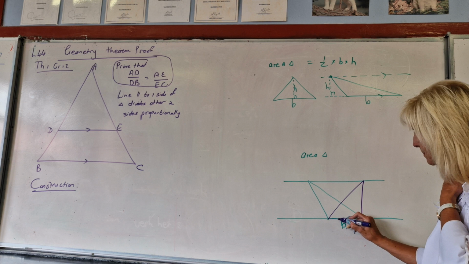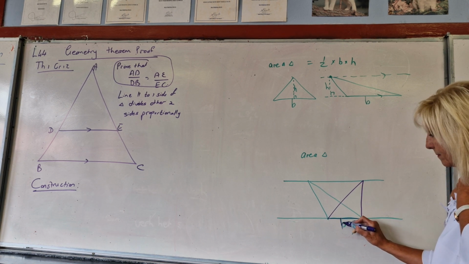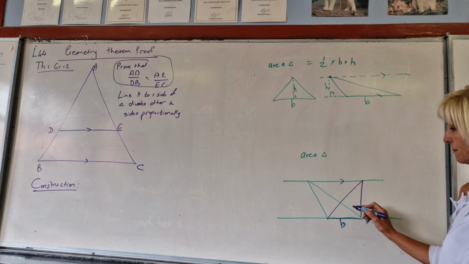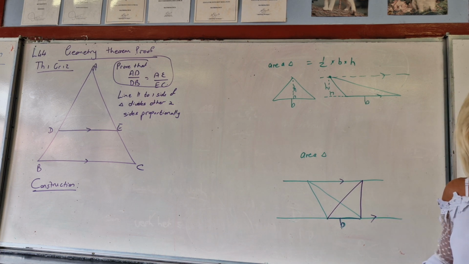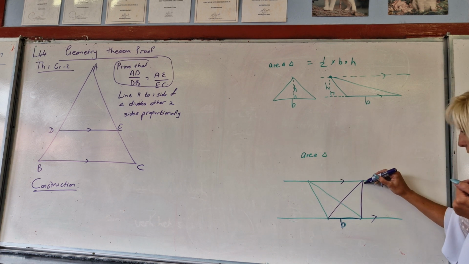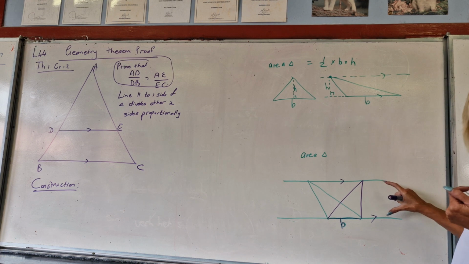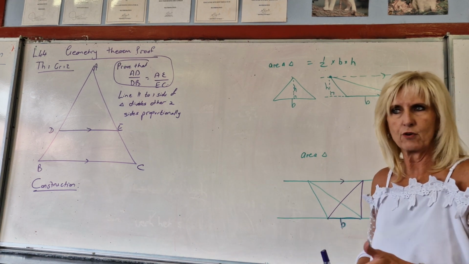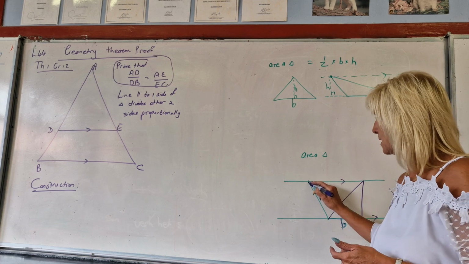Do you see the base being the same? The heights will be the same if they lie in between the same 2 parallel lines. Is that logical? Yes. Because then from there to there, the perpendicular height, and from there to there, the perpendicular height will stay the same, because that's like train tracks. They don't go like this. They've got to be the same distance all the time.